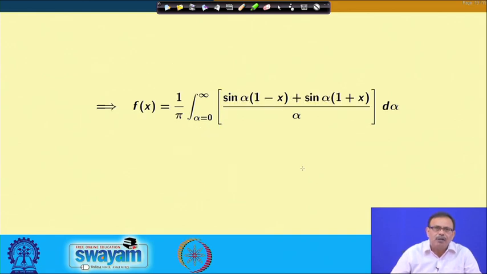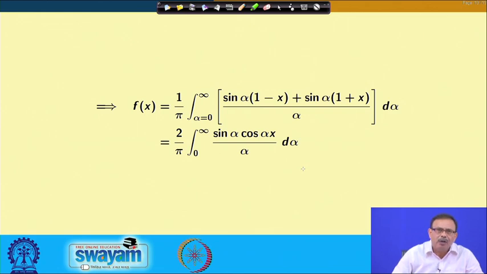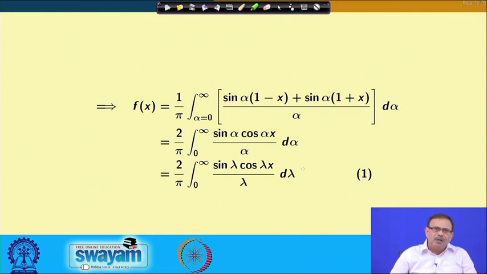So that you will obtain f(x) equals 1/π ∫ from 0 to infinity of [sin(α(1 − x)) + sin(α(1 + x))]/α dα. So, use the formula of sin C plus sin D, you will obtain this, and I write it as 2/π ∫ from 0 to infinity of sin λ cos λx / λ dλ.